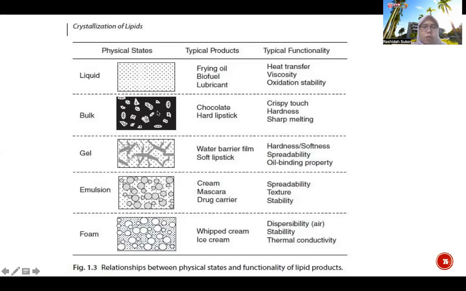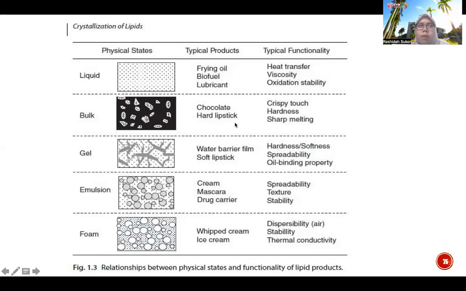And then if you see under the microscope, you can see the heterogeneous mixture of crystals of the molecules. This one we find a lot in chocolate. If you take the chocolate and put it on a slide and look under the microscope, you can see a mixture like this. Also hard lipstick.